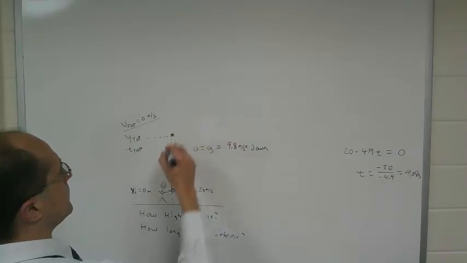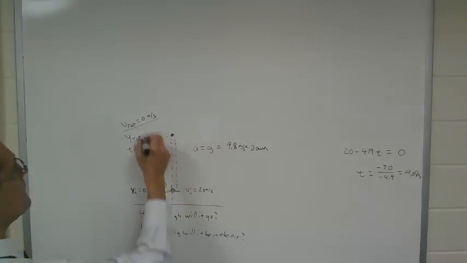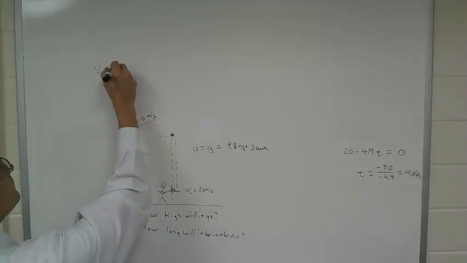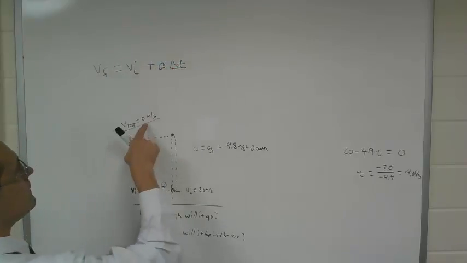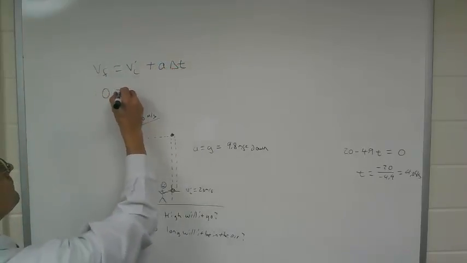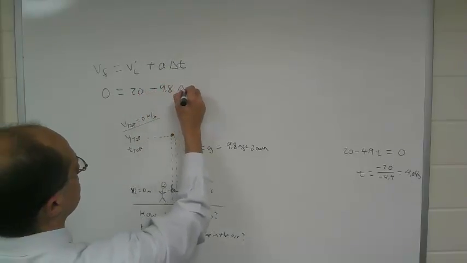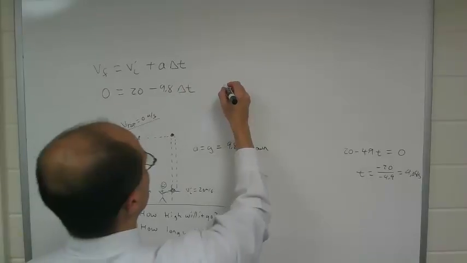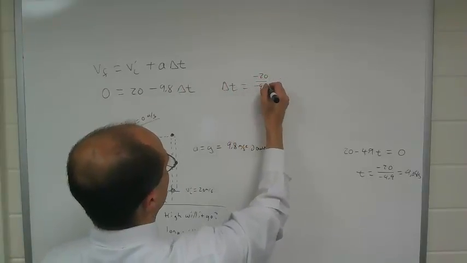Now let's check to see if this is a good solution. Let's check this by looking at how long it takes to get to the top. We know that v final is v initial plus a delta t, and at the top it's 0. So 0 is equal to 20 minus 9.8 delta t. And so we see that delta t is negative 20 over negative 9.8.